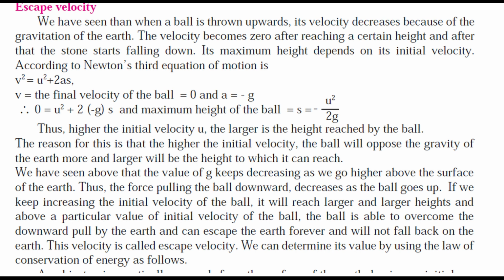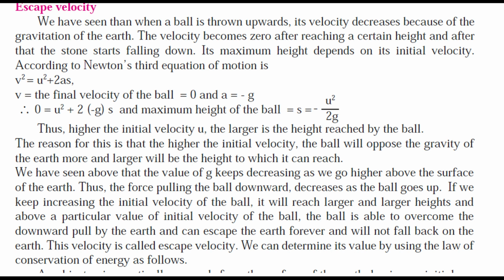So v here will be the final velocity, that is 0. a is gravitational acceleration, because the ball will be going up against gravity, so a is minus g. So 0 is equal to u square plus 2 times minus g times s.